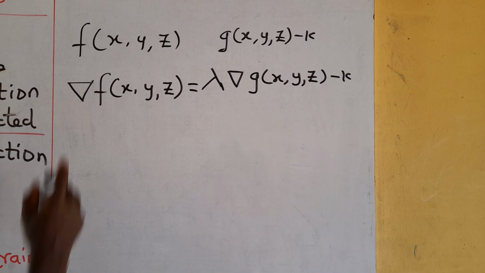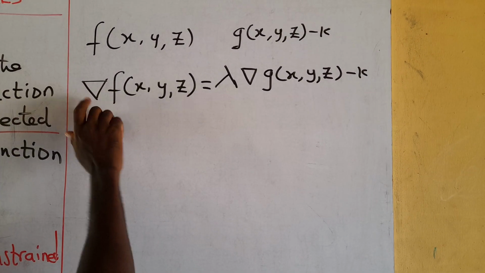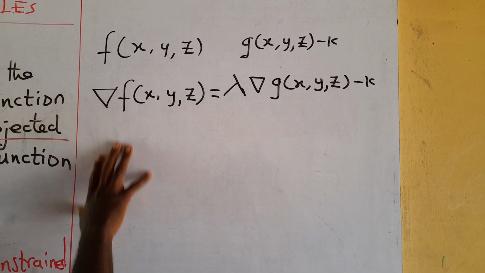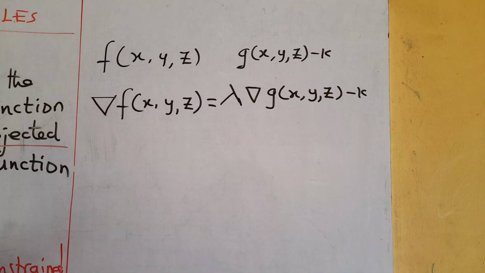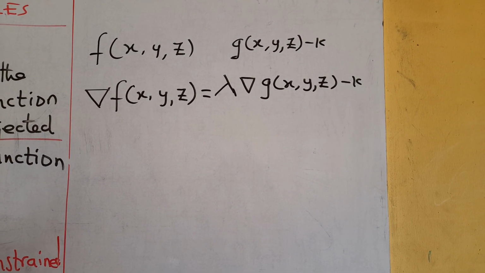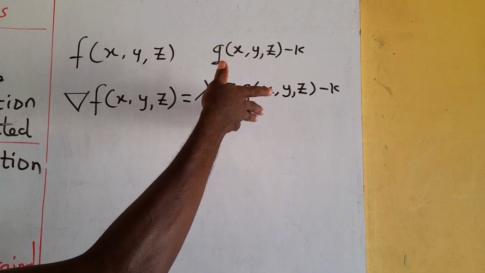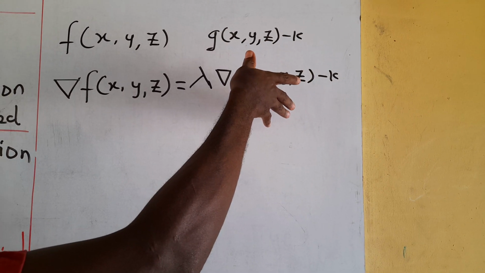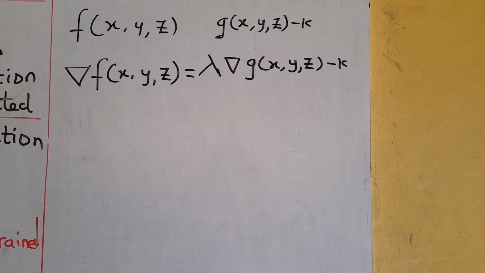So you remember when we are finding the gradient of a function, the differential operator times the function is just the partial differentiation of the function with respect to x, plus the partial differentiation of the function with respect to y, then plus the partial differentiation of the function with respect to z.